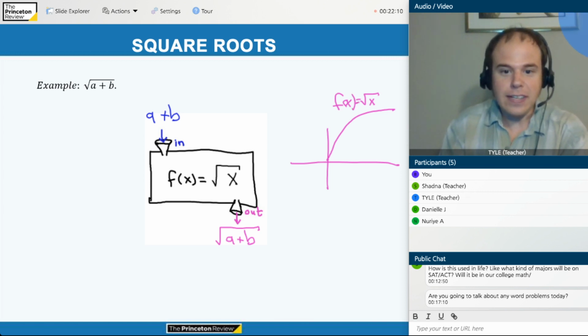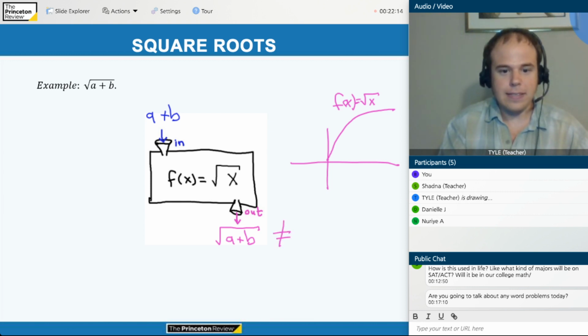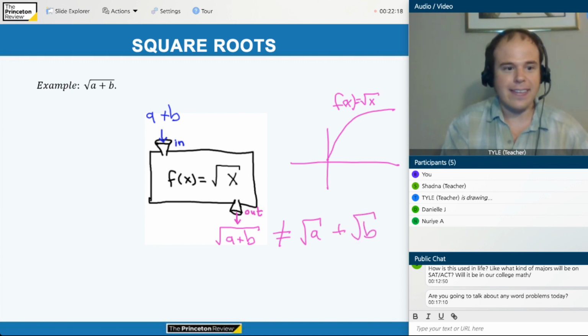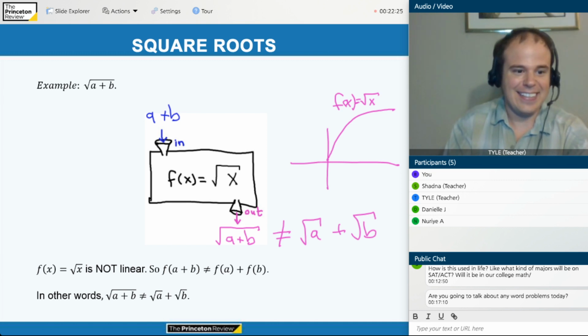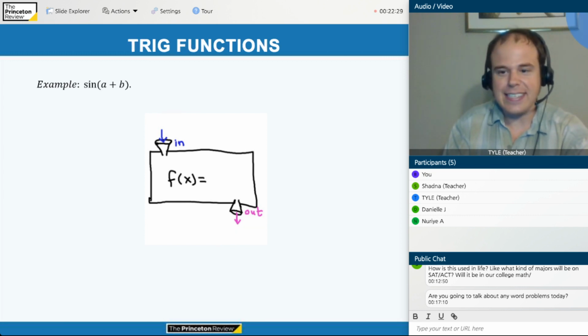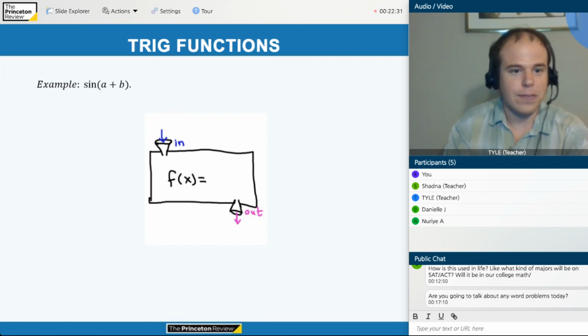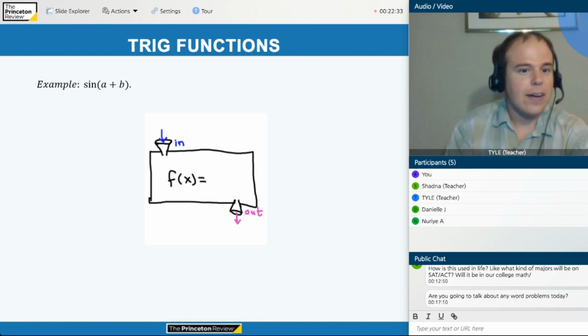And since the square root function is not a straight line, that means that the square root of a plus b does not equal square root of a plus square root of b, because the square root function is not linear. Pretty cool. And maybe we're starting to see why this is kind of an interesting and powerful way to look at this. So now let's talk about trig functions.